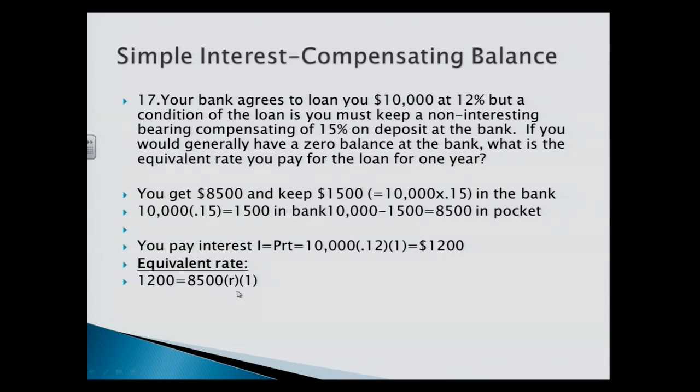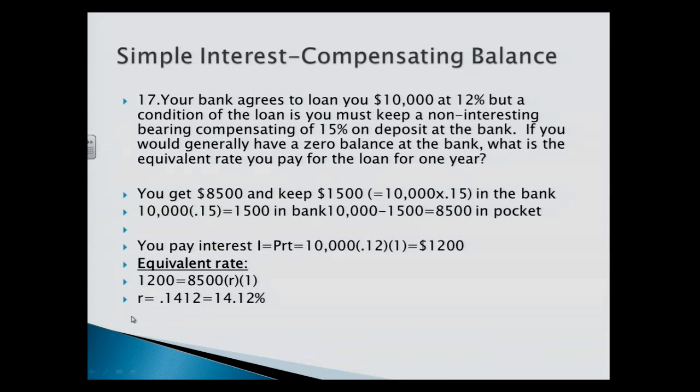Whenever you're finding an equivalent rate, you're looking for R. So the interest you paid, we know, is $1,200. However, your real principal is not $10,000. Your real principal is $8,500. We're looking for the rate for 1 year.